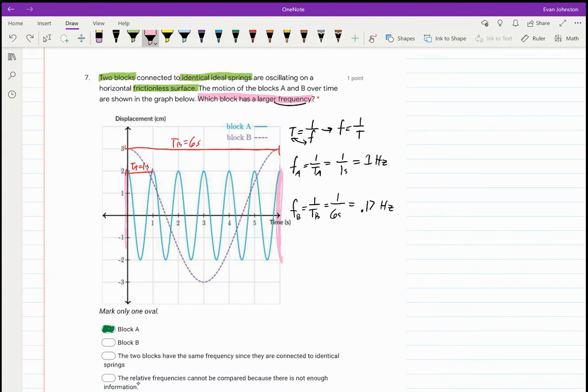This one did a sixth in 6 seconds. So block A, this blue one, has a higher frequency. It does more in whatever time frame I choose to look at. Now, typically frequency is per 1 second. So you look at this one and this does a full cycle, and this does way less than a full cycle. So you could have just looked at literally that and said A.